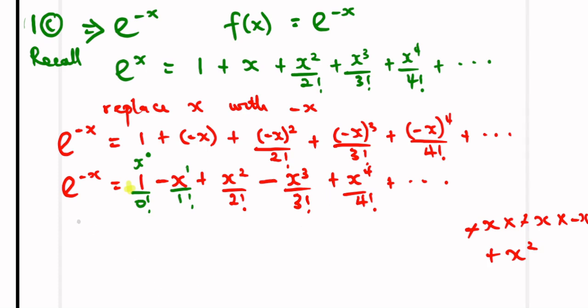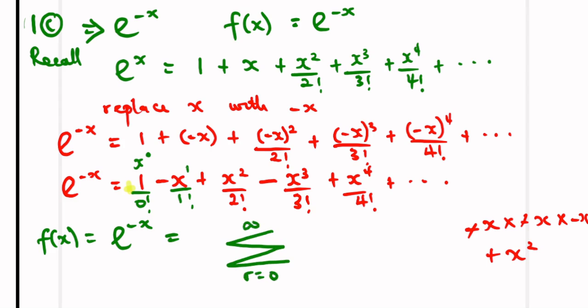So we have that f of x, which is equal to exponential negative x, is going to be equal to, if I write this in the general formula, r going from 0 to infinity, then we have over r factorial x raised to the power r. So the issue now is to fix the sign.